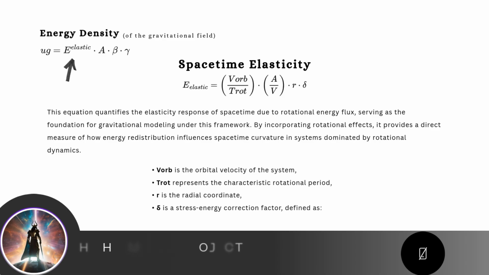Okay, so to find that energy density, here's where we get into it. Like I said, we need space-time elasticity. Our space-time elasticity equation quantifies the elastic response of space-time due to rotational energy flux, serving as the foundation for gravitational modeling.